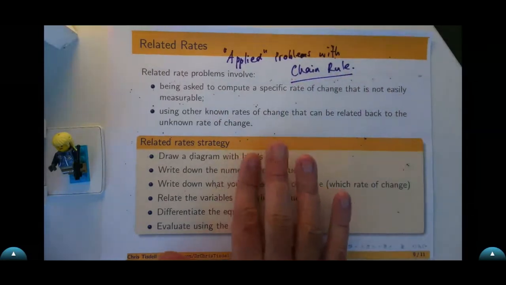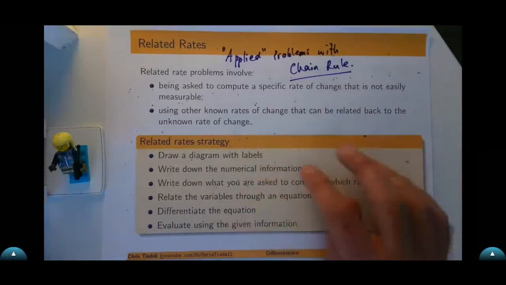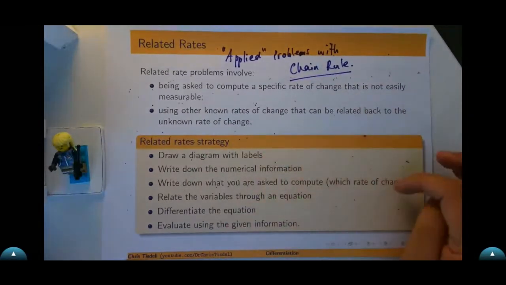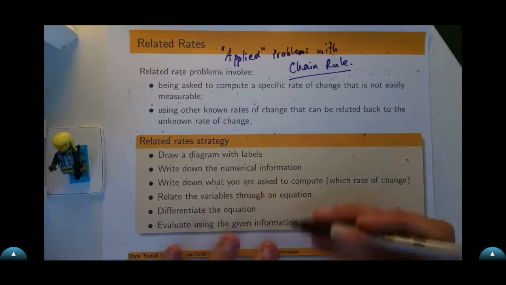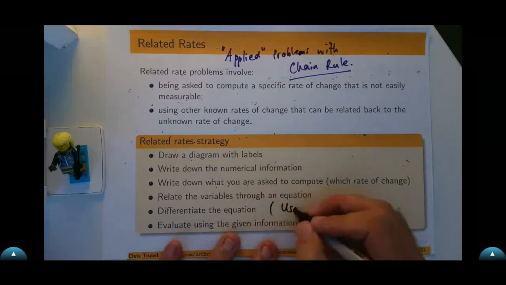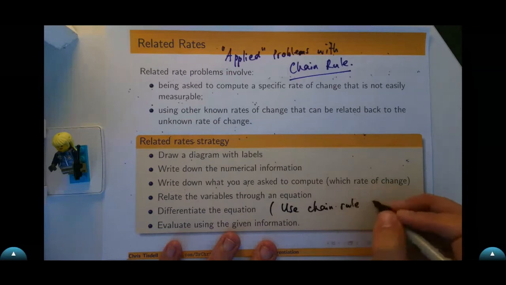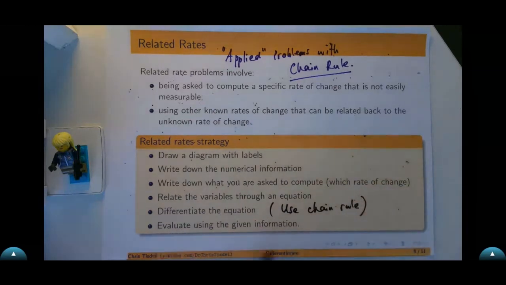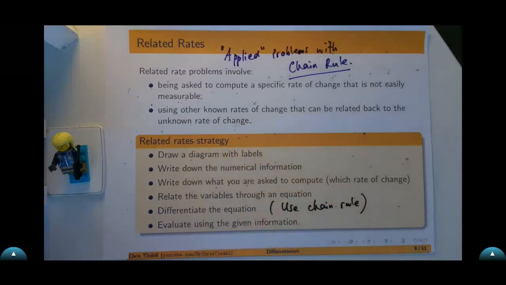And there's a standard strategy with these kind of applied problems where you want to draw a diagram, write down the given information and what you want to compute, relate the variables through some sort of equation, differentiate, also use the chain rule, and then evaluate. So this is a nice kind of structure for solving these problems.